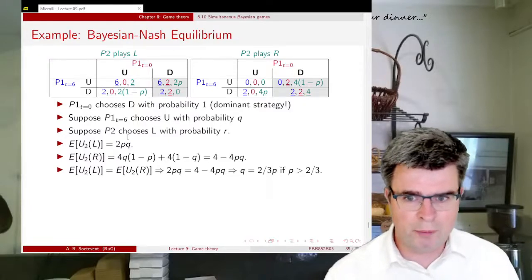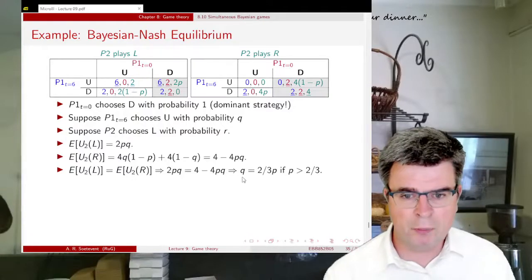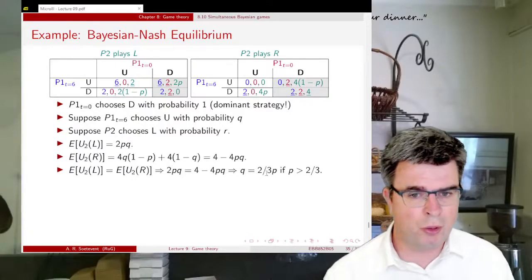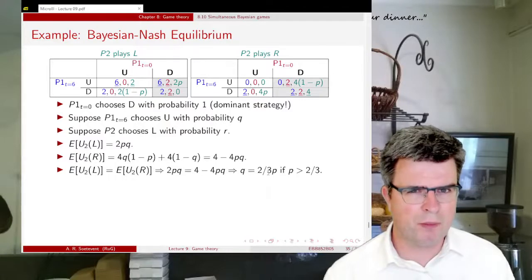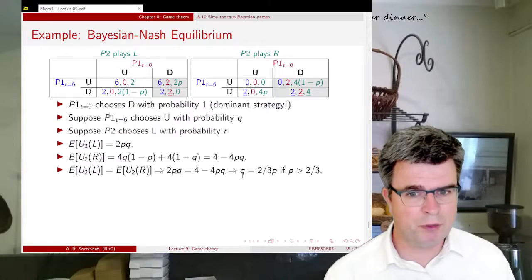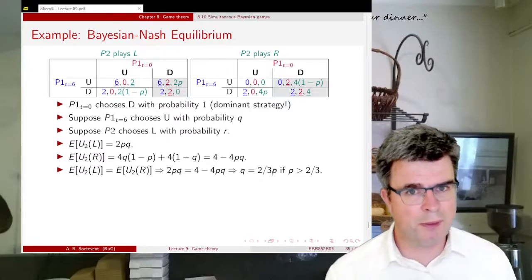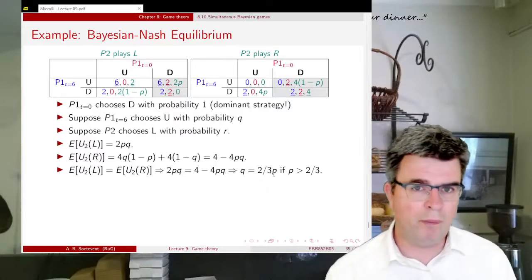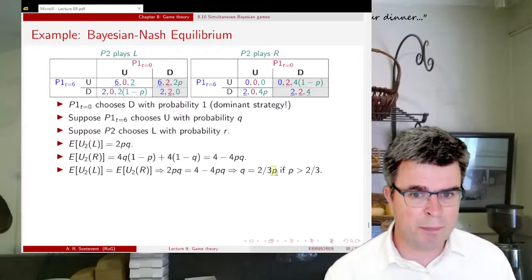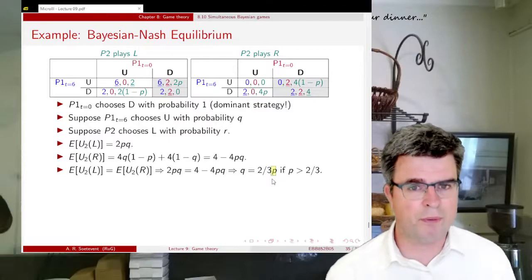So we equate and we solve and we arrive at the equation Q is 2/3 over P. And now you might think, well, okay, what did we learn? Because we have still two unknowns, Q and P. We expressed one in terms of the other, but we did not find a solution. Well, in fact, we did, because the P is given to the players. It's a variable that is known, and only the Q is a decision variable.